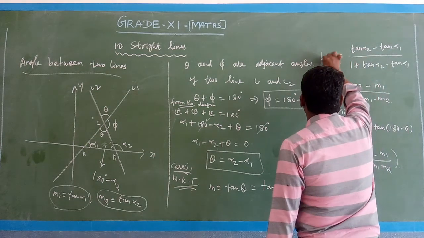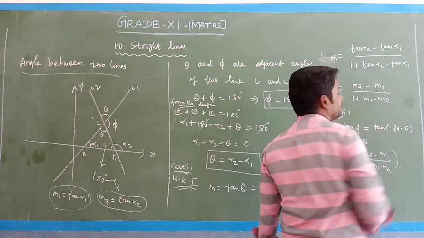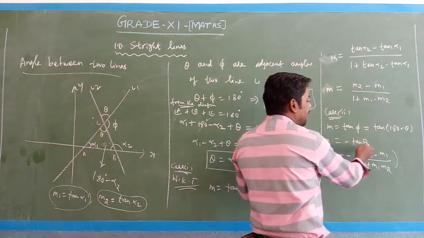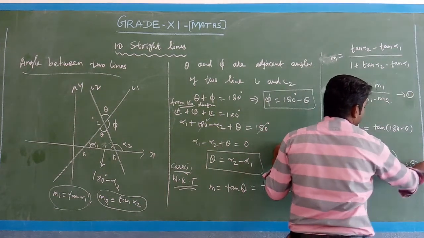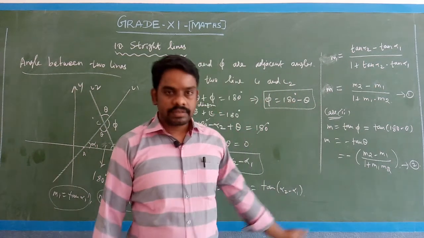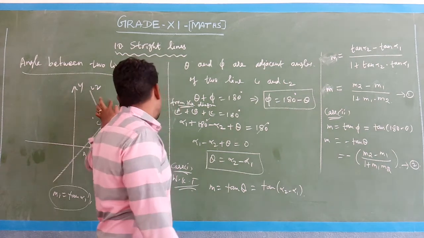Sorry, this is tan theta. This value is m, the slope. So m is equal to minus tan theta. This is equation number 1 and this is equation number 2. From 1 and 2, we get the two values of the angle between the two lines, theta and pi.